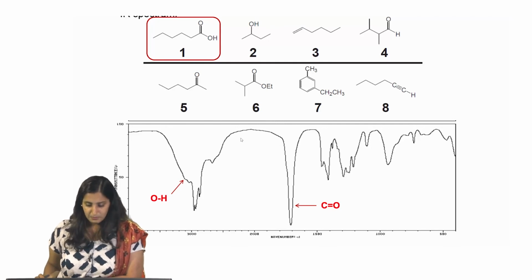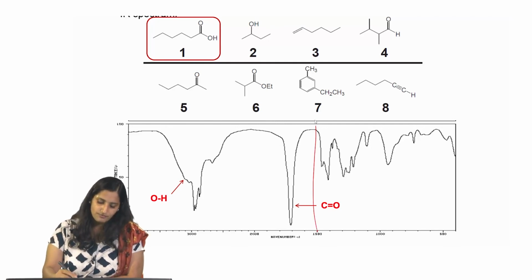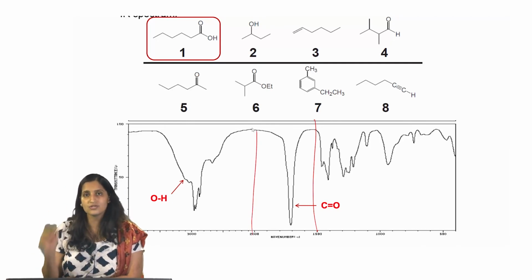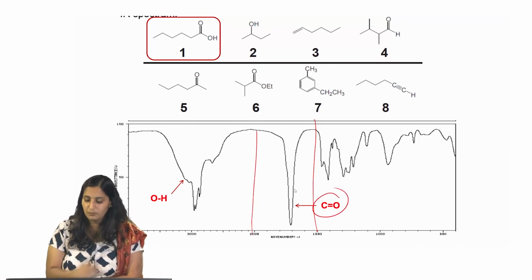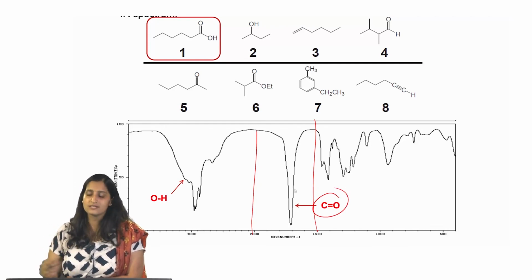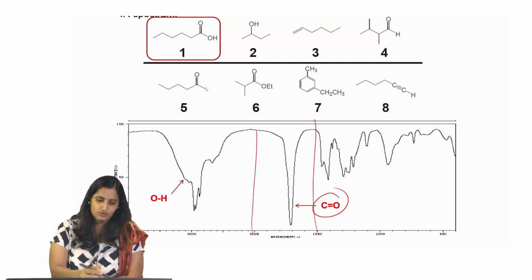Okay, let us look at the peaks. Between 1500 or 1600 and 2000, you have one nice narrow sharp peak, which we know belongs to C double bond O. So, my molecule has to have a C double bond O peak. Wonderful.